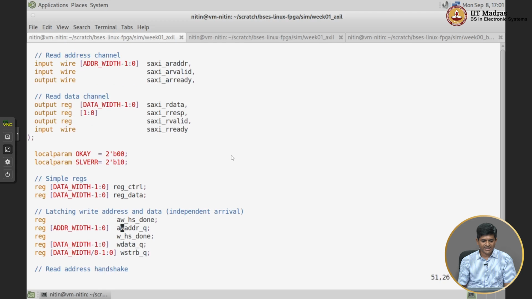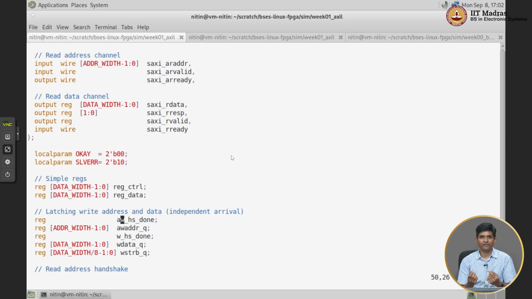Now, these extra handshake done signals are primarily required for the scenario where I can have independent arrival of the address and data. So, it is possible that, for example, the AW handshake, that is to say I have received the address for writing, happens before the W handshake, that is, I have not yet got the data.